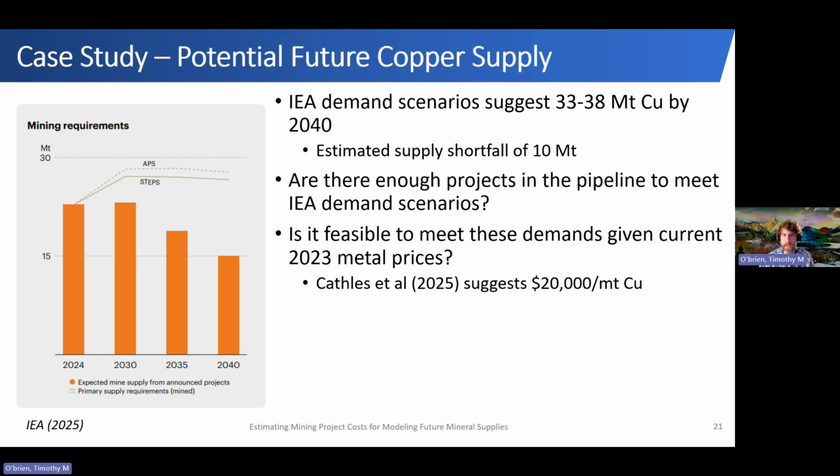One of the demand scenarios, by the IEA, suggests anywhere between 33 to 38 million metric tons of copper by 2040.